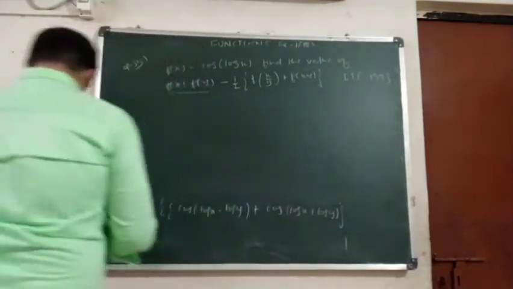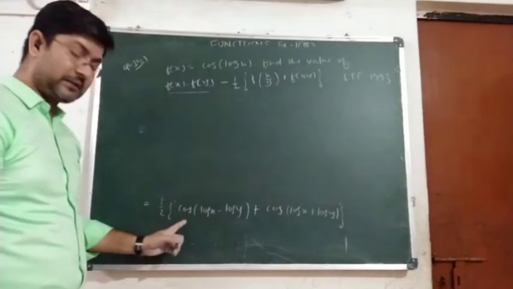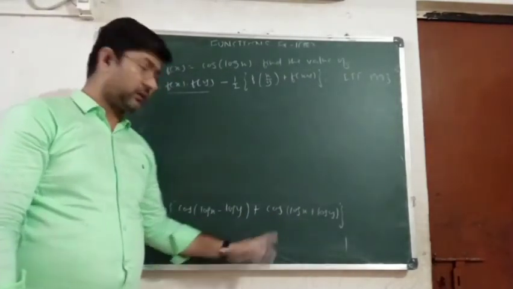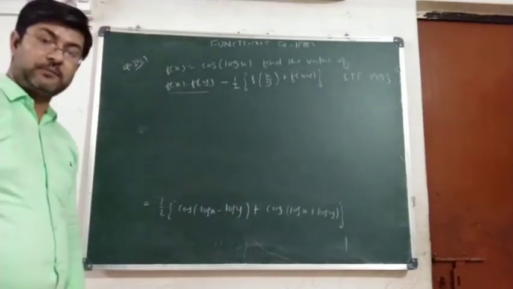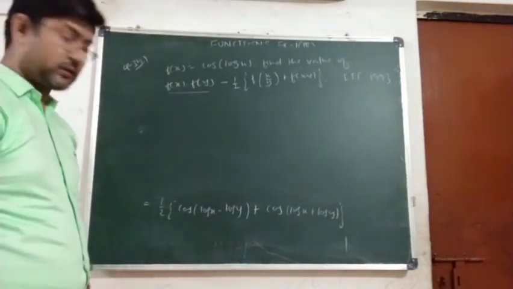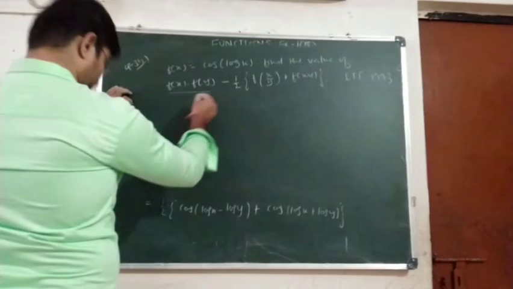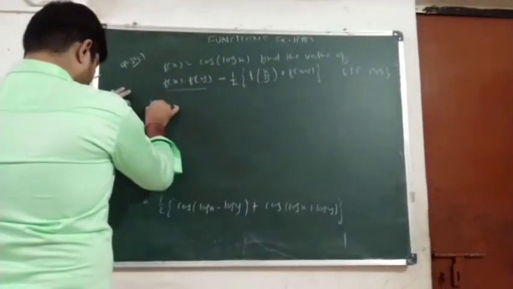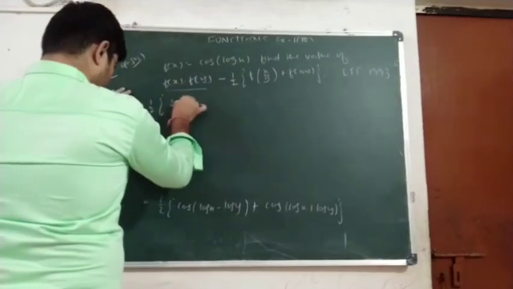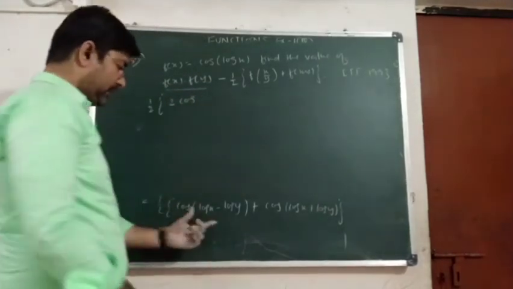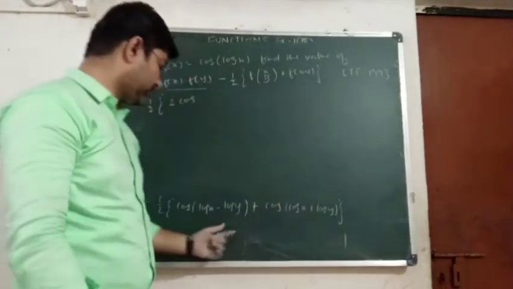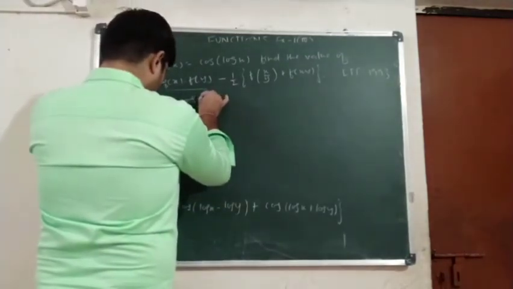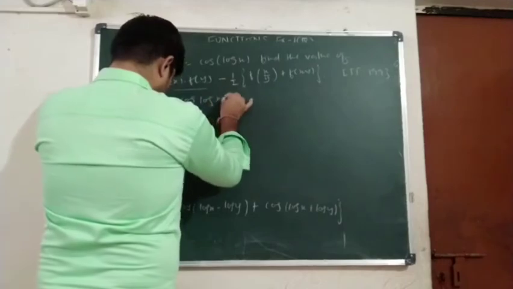Okay, now this term we will further simplify. Here use the CD formula, cos c plus cos d. What is the formula? 2 cos of c plus d by 2 into cos of c minus d by 2. So let us put the formula. So 1 by 2 into 2 cos of c plus d, if you add the two terms, 2 log x by 2, so we will get log x only. Yes or no? Okay.